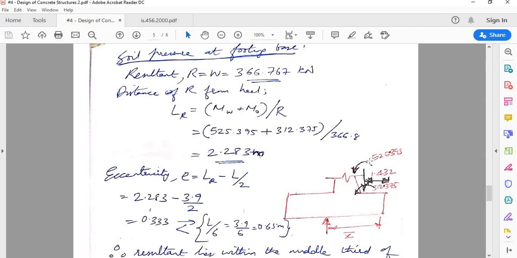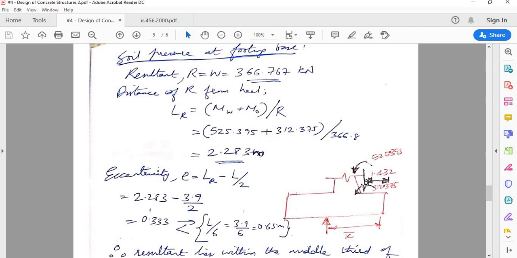Both the moments due to the weight as well as due to the active pressure are acting along the same direction. Both are anti-clockwise with respect to the heel portion, right? So it is Mw plus Mo, which is due to the weight as well as active pressure, divided by the magnitude of reaction.